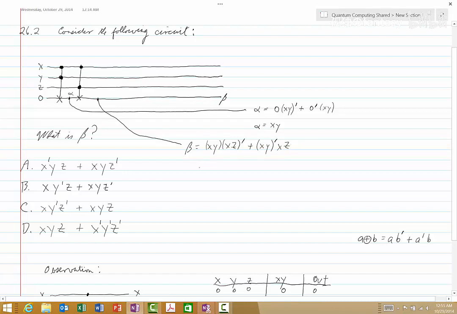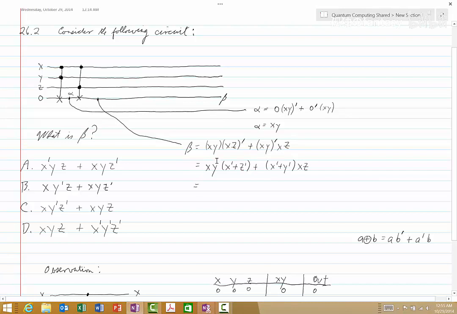And let's see what that will give us. Here we'll have the xy, but what is xz prime? Well, we can use De Morgan's theorem to say that that's equal to x prime or z prime. And similarly here, xy quantity prime is x prime or y prime, and that's ANDed with xz.